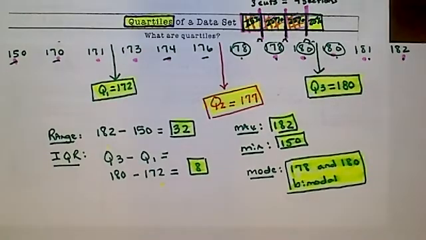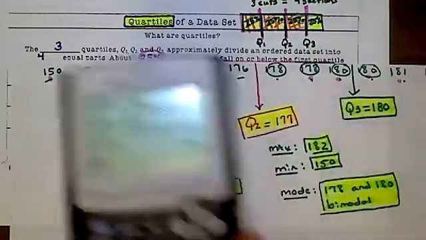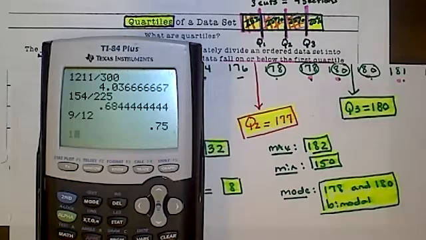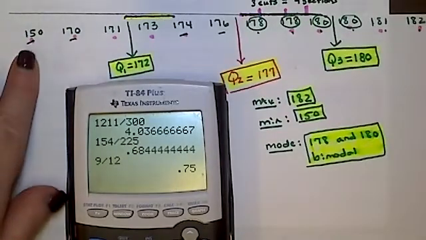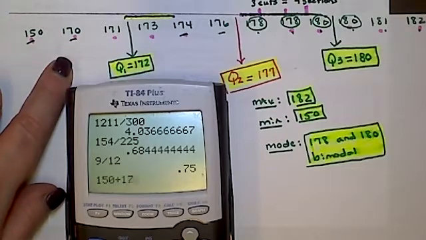And then if you wanted to find an average of this data, I'm going to take all these and add these up. Let me start with that 150.